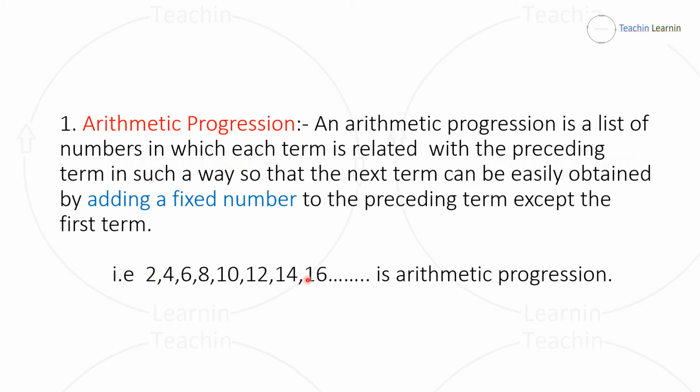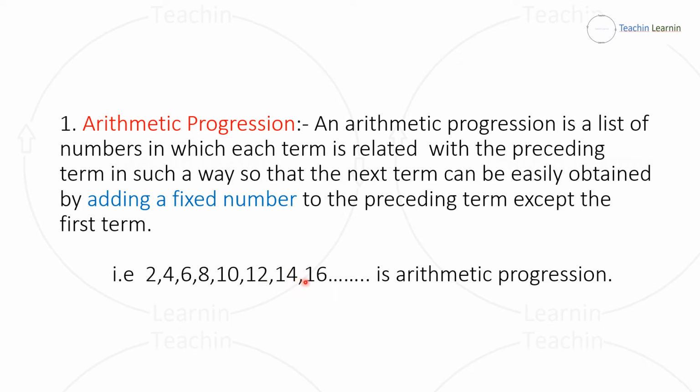When you see this list, you will find that the two consecutive numbers are related in such a way that the next number can be obtained by adding a fixed number to its preceding term or previous term. So you can get 12 by adding 2 to 10. You can get 14 by adding 2 to 12.